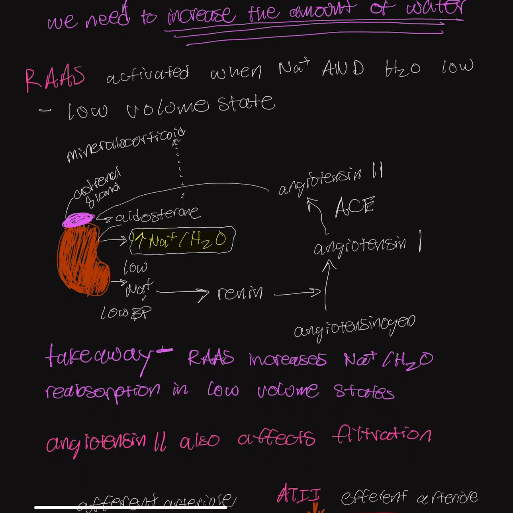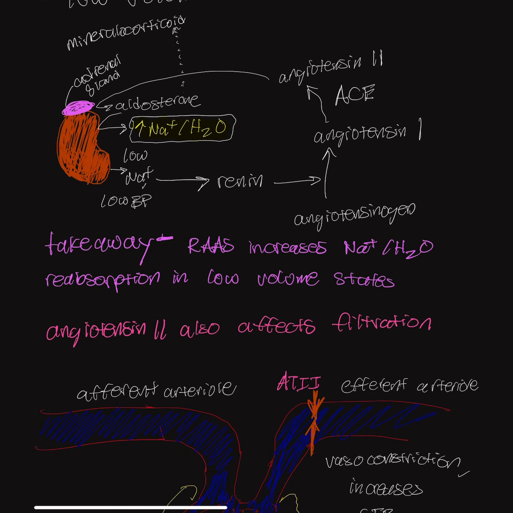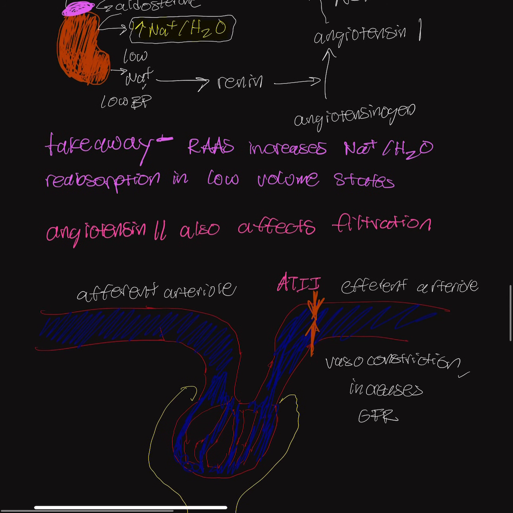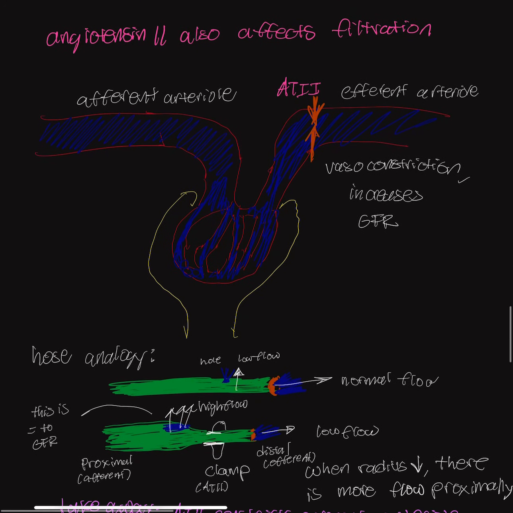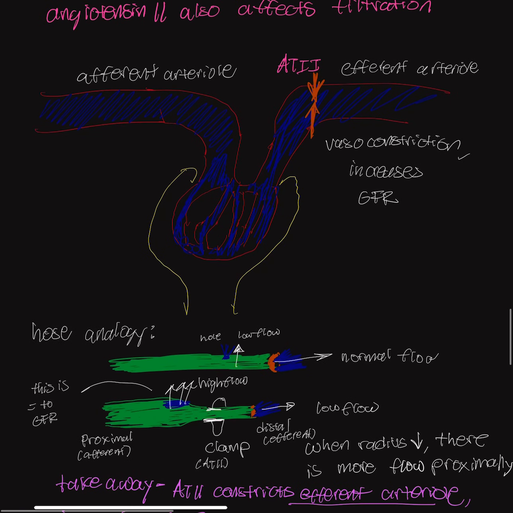I was talking about angiotensin 2 earlier, and I wanted to explain what it does outside of its effects of activating aldosterone production. Angiotensin 2 also affects filtration, and this is a different kind of model of the glomerular capillary and Bowman space. So we have the afferent arteriole and efferent arteriole.